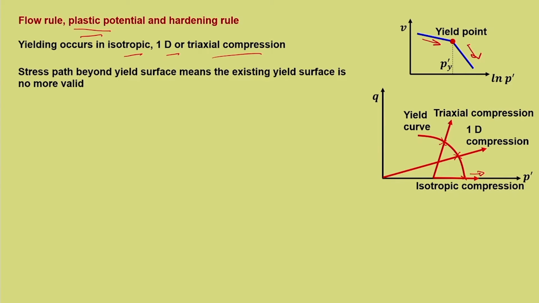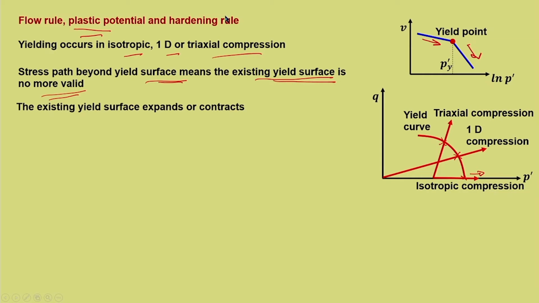Now, stress path beyond yield surface. It means that the stress path can still move forward, which we have already seen in our previous lectures. When it moves beyond the yield surface, the existing yield surface is no more valid. Once it crosses, then it is for the new yield curve, and it keeps on extending till it fails.